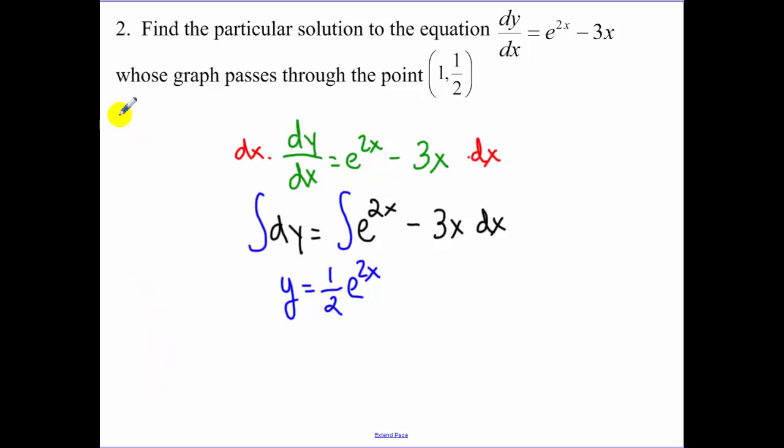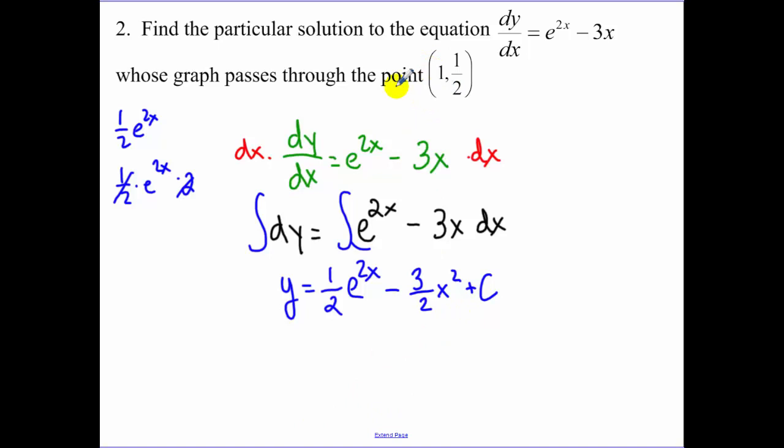Because when I take the derivative of 1/2 e to the 2x, that's 1/2 times e to the 2x times the derivative of the exponent, which is 2. Therefore, the 1/2 and the 2 cancel to get me this e to the 2x that's sitting right there. And then we have our next term, which is 3/2 x squared plus c.